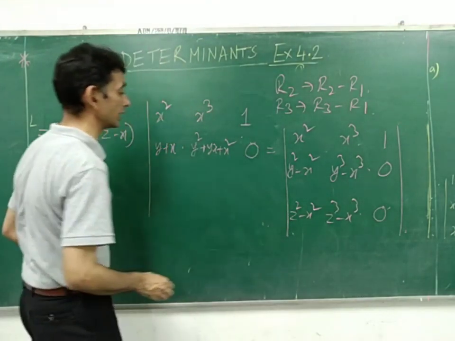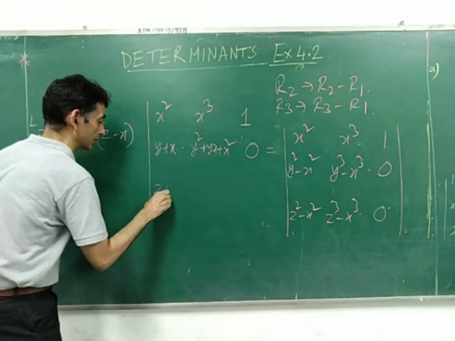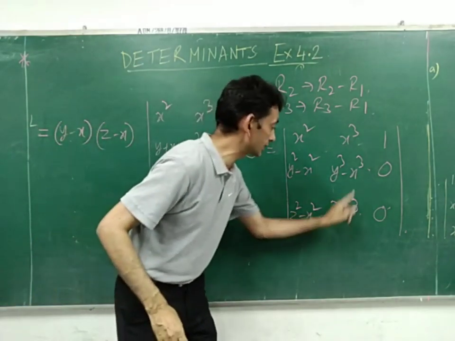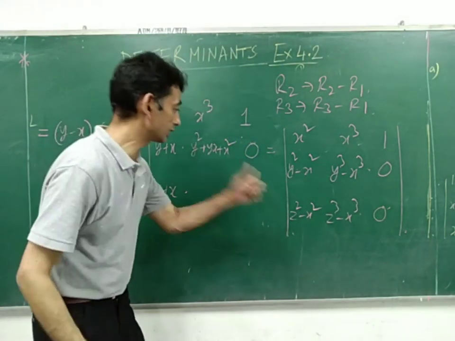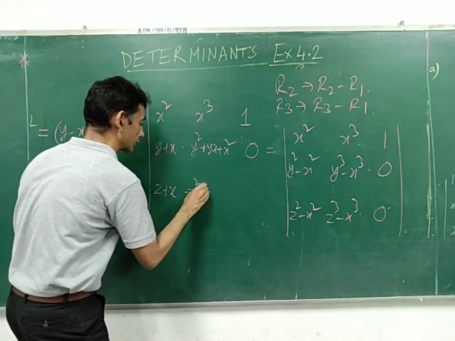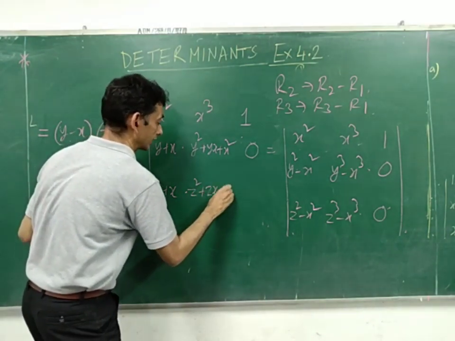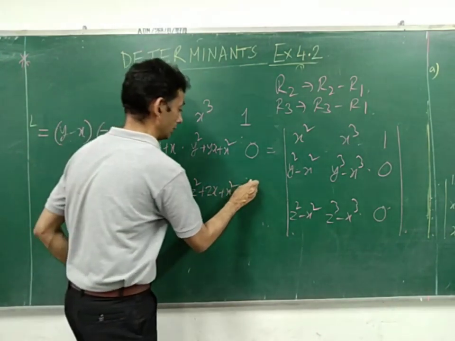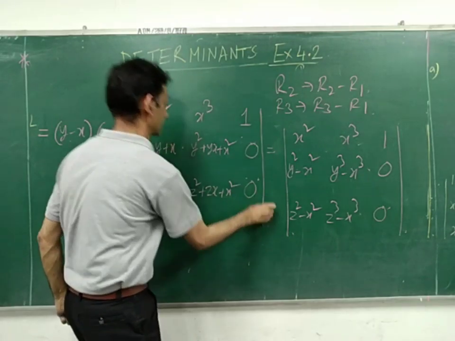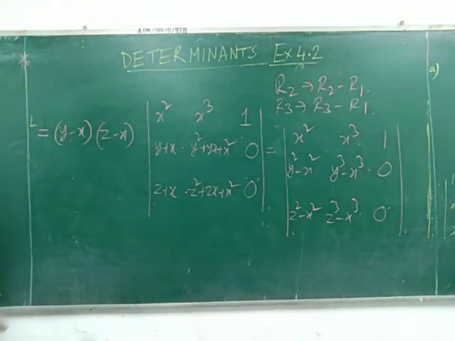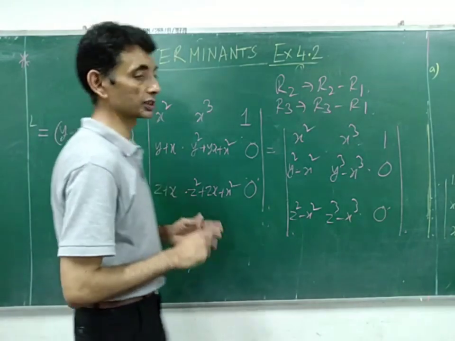From here, z minus x you have taken common, so it will be z plus x. From z cubed minus x cubed, you have taken z minus x common, so it will be z squared plus zx plus x squared. Done? And this is 0. So this is almost simplified.